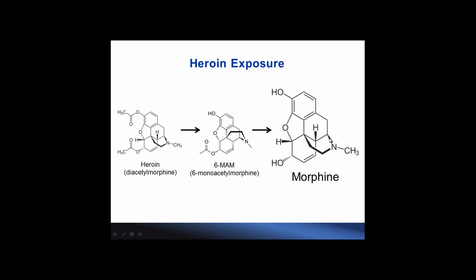For morphine, it's possible, but not very likely, that it will give us a 6-monoacetyl morphine metabolite. But it is much more likely that it comes from the metabolism of heroin. So 6-MAM would be a better marker to say if the baby had been exposed to heroin.